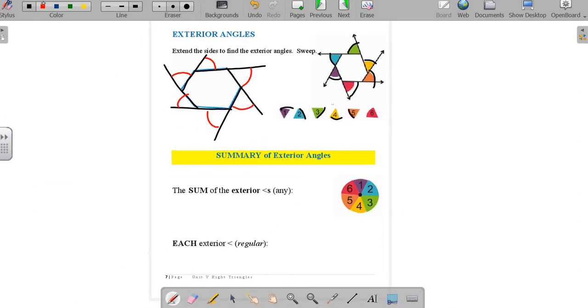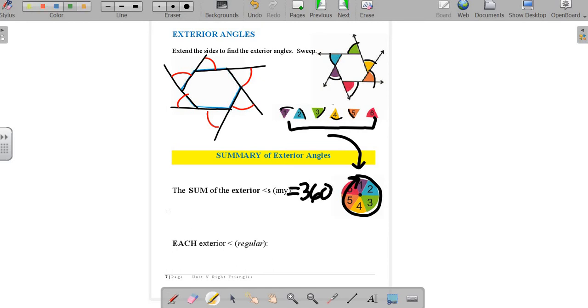So if I take these colored angles, the exterior angles, and I put them together, it's going to create a circle. That's true of all exterior angles of any number size polygon. The sum of the exterior angles is simply going to be 360. The sum. That means all of them together.